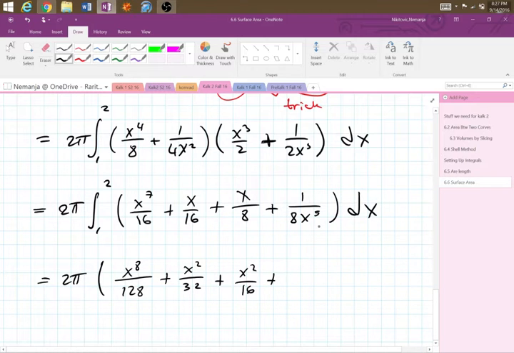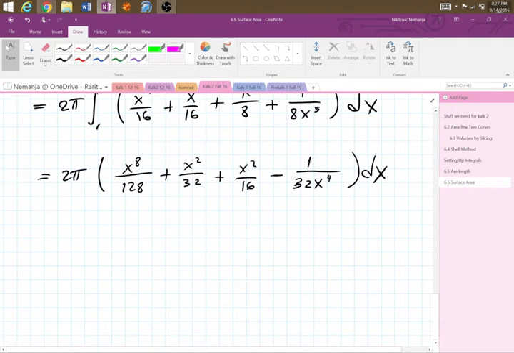If it is a negative 5, it's going to be negative 4, so minus 1 over 32 x to the 4th dx, computed from 1 to 2.